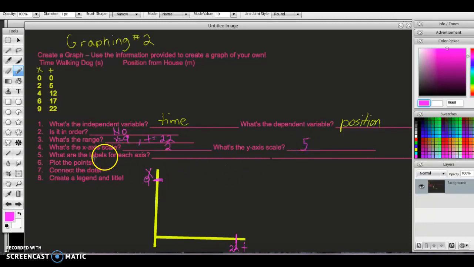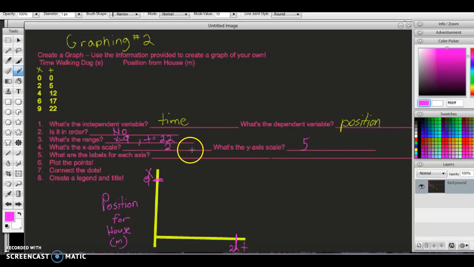All right, what are the labels for each axis? So the x-axis is going to be the position from house, and it's going to be in meters. So that is going up and down.